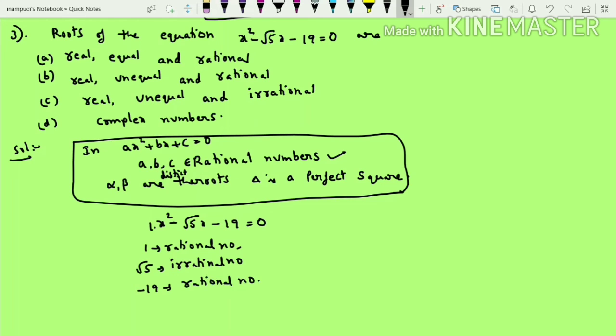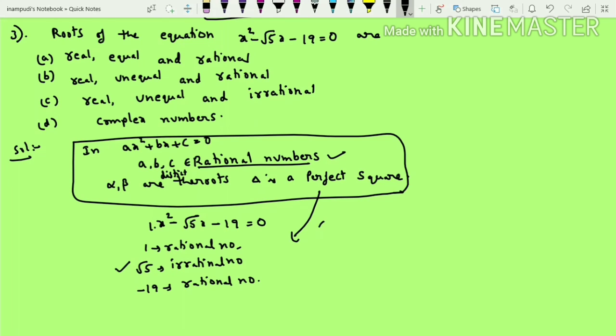So it cannot follow this rule, because a, b, c are not all rational numbers.